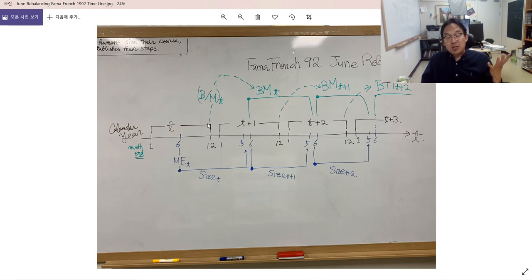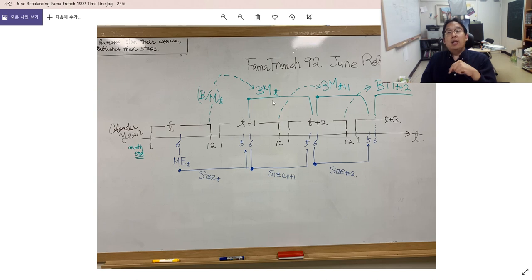Why? Because it has to undergo the scrutiny called auditing, 감사. They have to do auditing from the end of December until maybe the middle of February these days, or it goes to March.